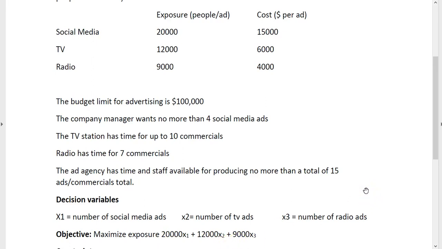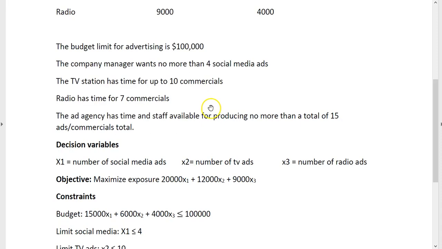We also have a budget, which deals with the cost of creating each ad. So here's our cost: 15,000, 6,000, 4,000. So our budget constraint would be 15,000 X1 plus 6,000 X2 plus 4,000 X3, less than or equal to our budget of 100,000.